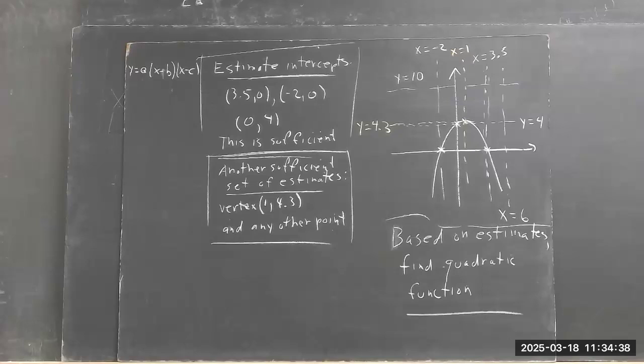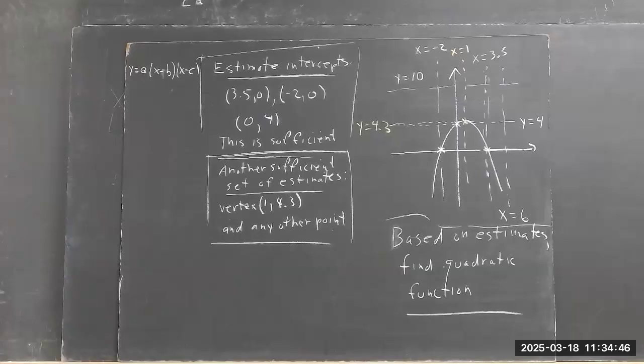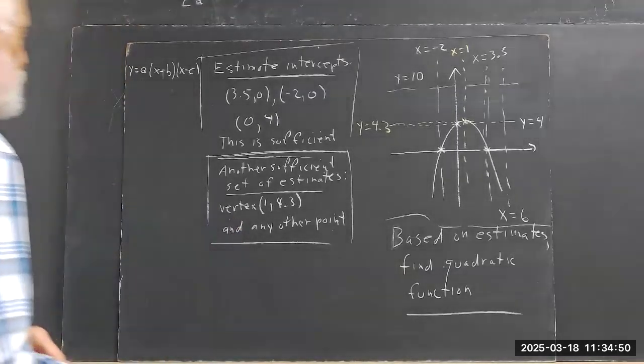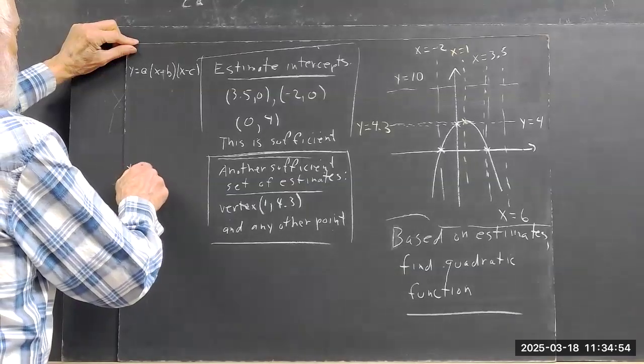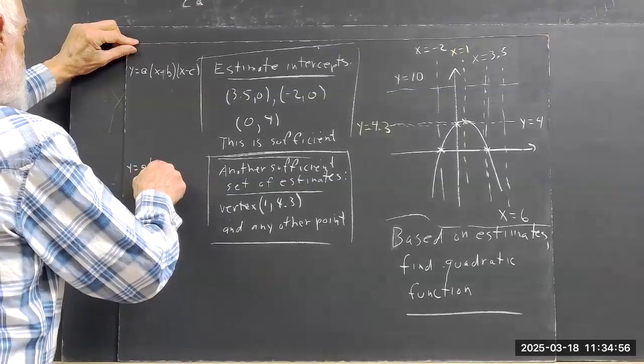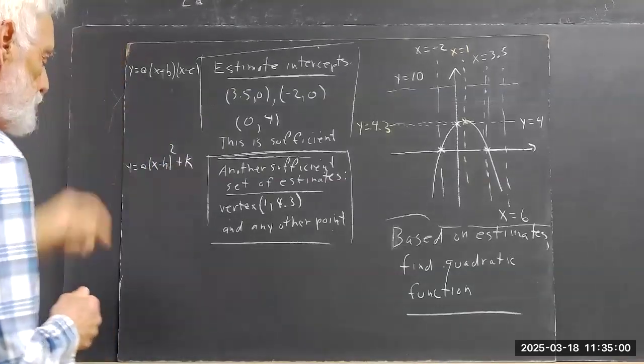Okay, there we go. Okay. Can you read that okay? It's pretty small. If we use the vertex, we get y equals a times (x minus h) squared plus k.